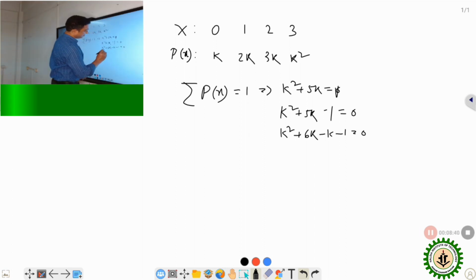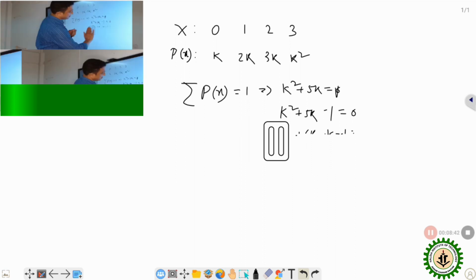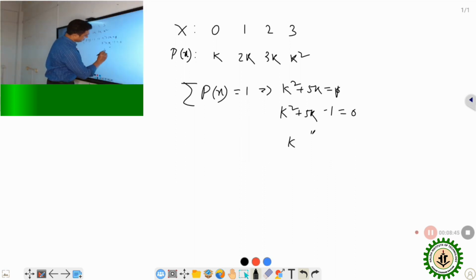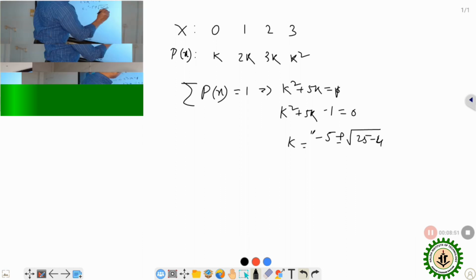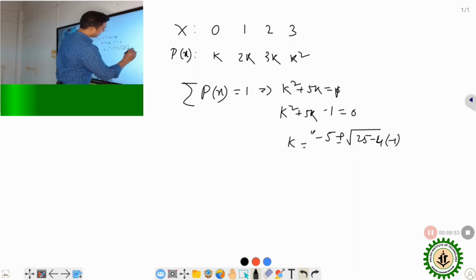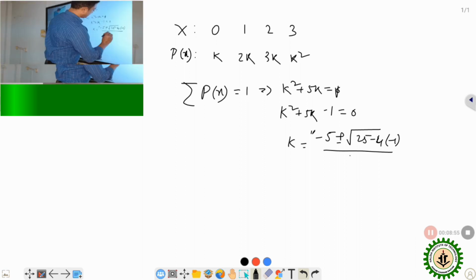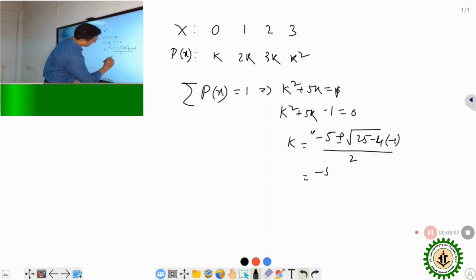We take k equals, no, it's not coming. So k equals minus b plus minus root over b square minus 4ac, 4 into minus 1, divided by 2, which gives minus 5 plus minus root 29 over 2.